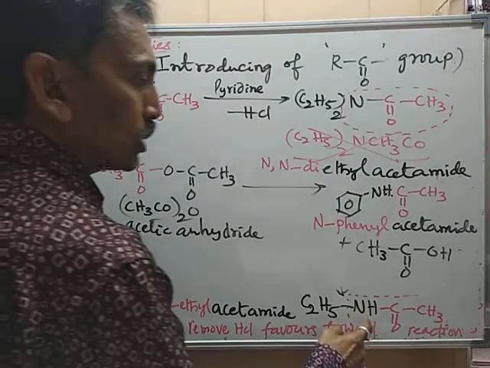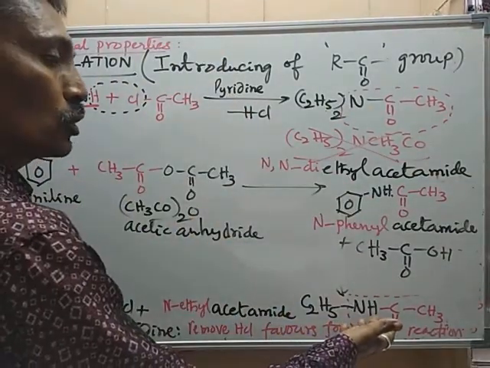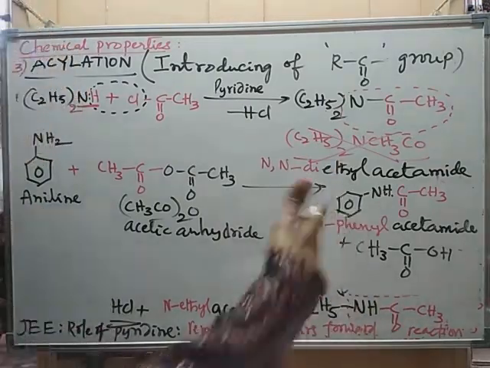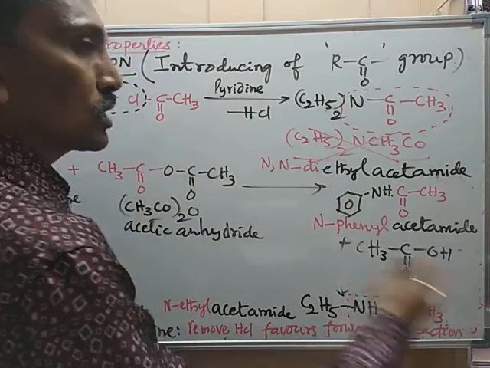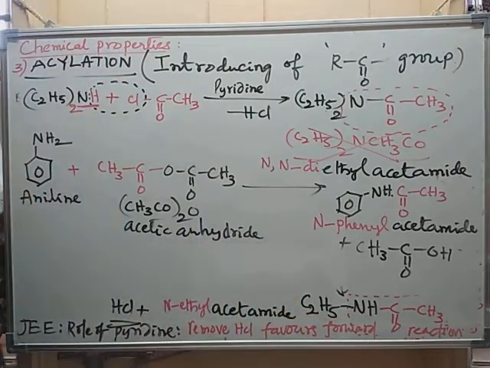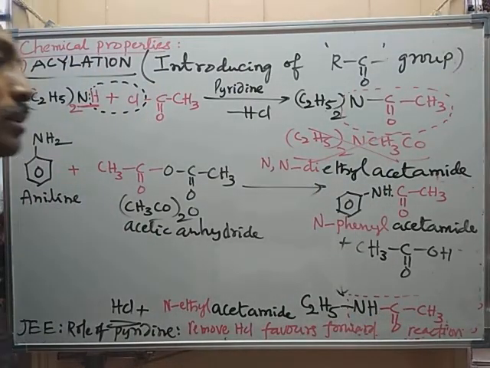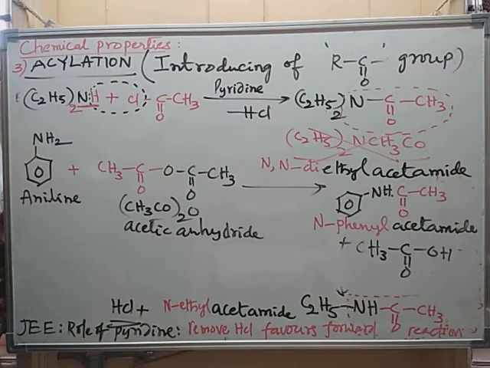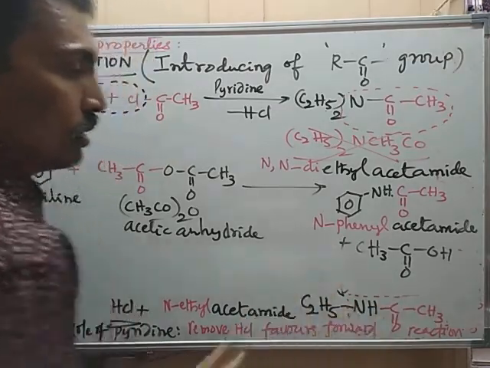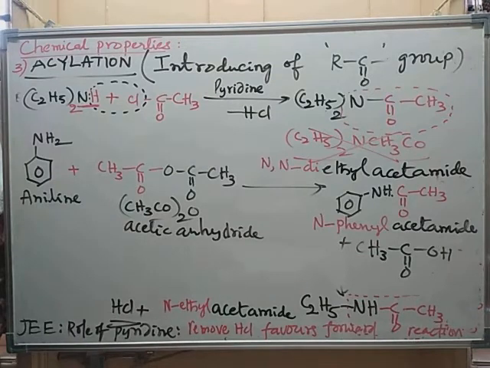It makes NH unfavorable to participate in a second step. In alkylation, two hydrogens on N atom are successfully removed, but here the two hydrogens of primary amine are not removed by acyl or acetyl groups, because the electron withdrawing C double bond O group makes the NH group unfavorable through resonance. This NH group participates in resonance with the C double bond O group and is less reactive. That is the reason to note for better learning.